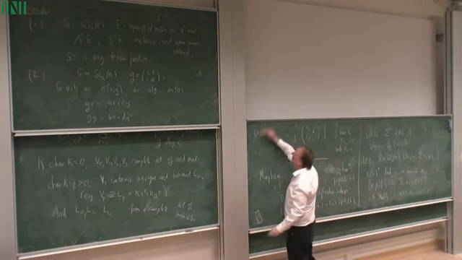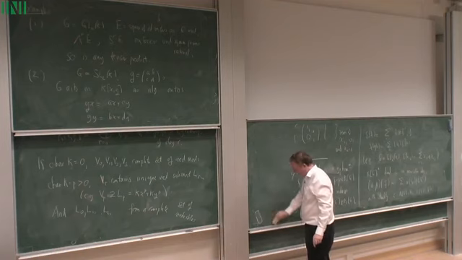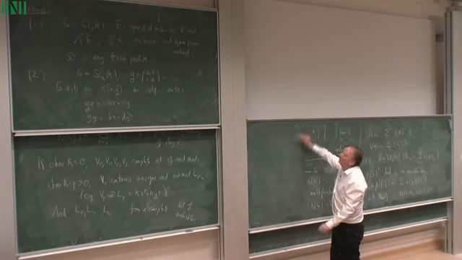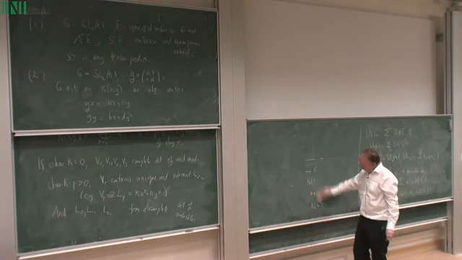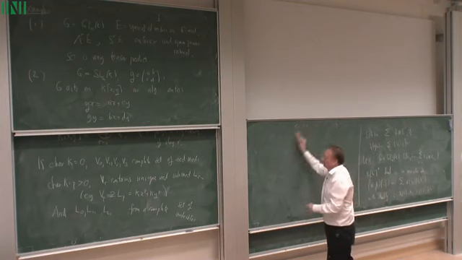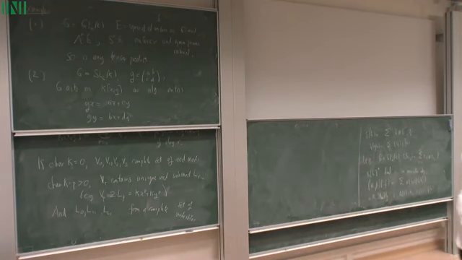If I replace this algebraic group SL_2 over K by SL_2 over a field of q elements, I still get a complete set of irreducibles.